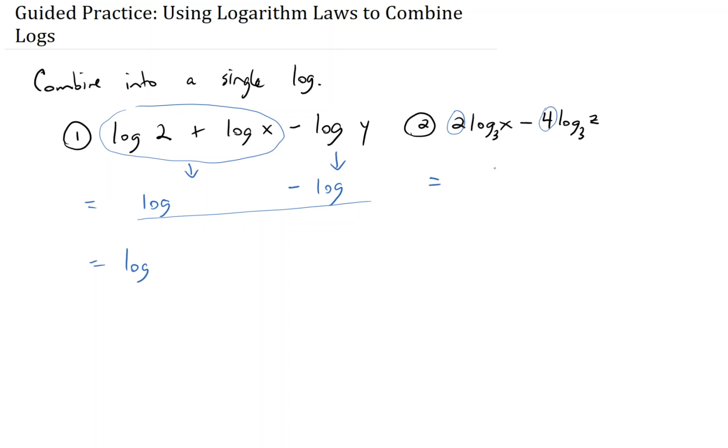So your next step, after you've dealt with the coefficients, is going to be log base 3 of something minus log base 3 of something. Then you'll combine those 2 logarithms using subtraction to get a single log base 3 of one argument. So pause the video and see if you can work that one out.